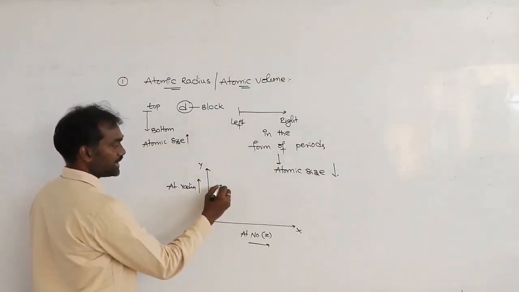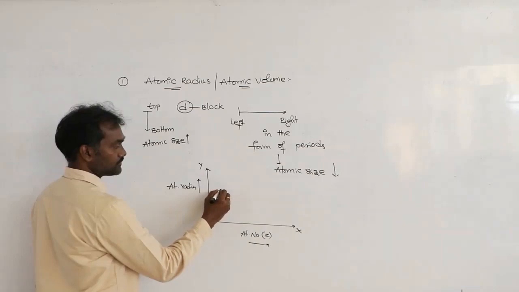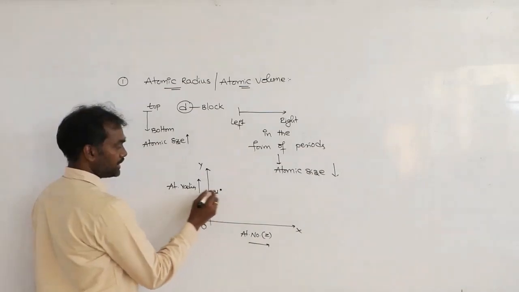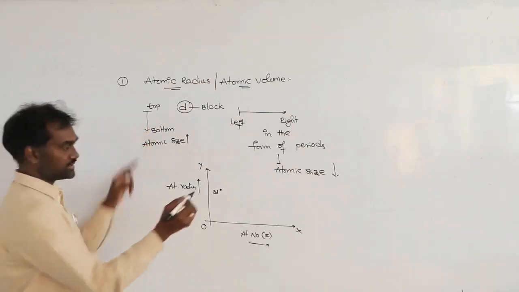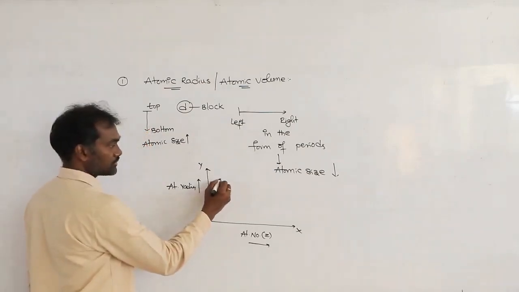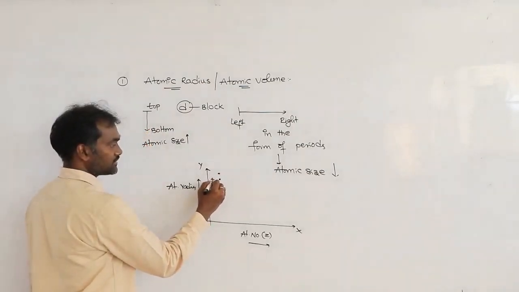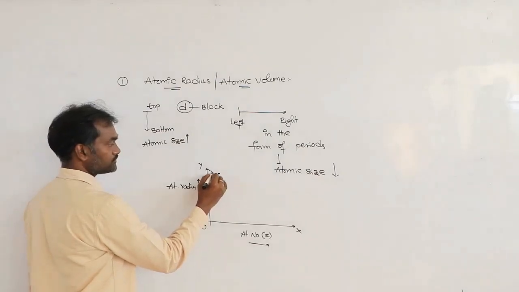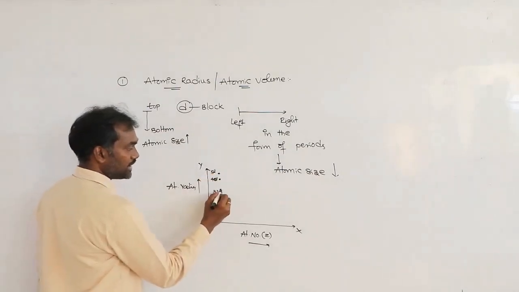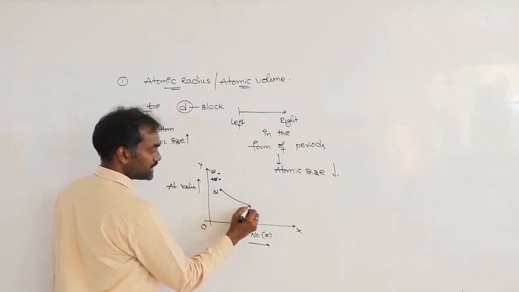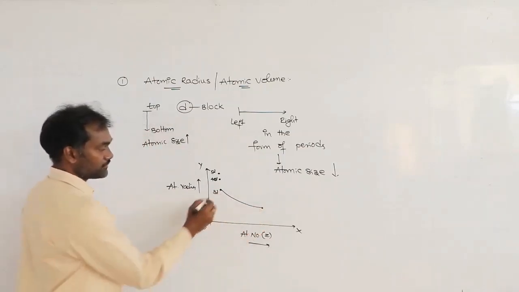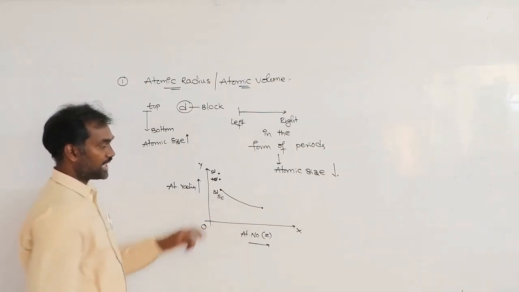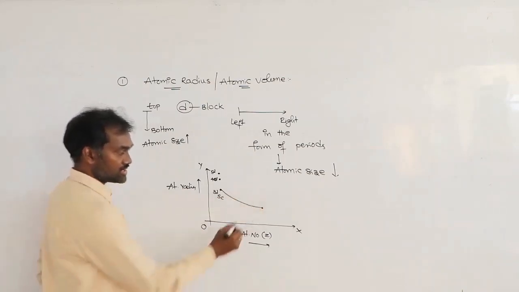Suppose you take the 3d series. The 3d radius is this one. Top to bottom, the 4d series is more, the 5d series is more. In the 3d series it continuously decreases: scandium, titanium, vanadium, chromium, manganese, iron, cobalt, nickel.